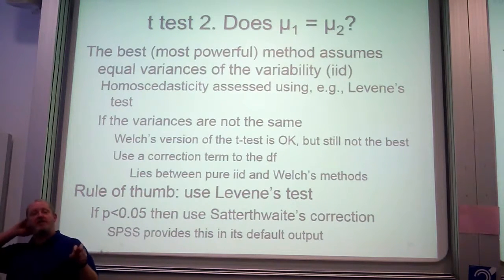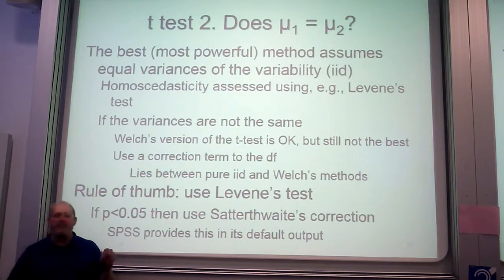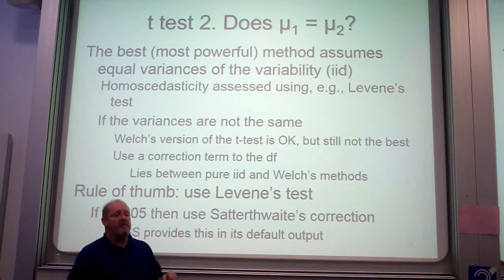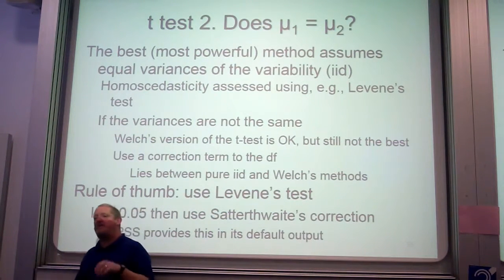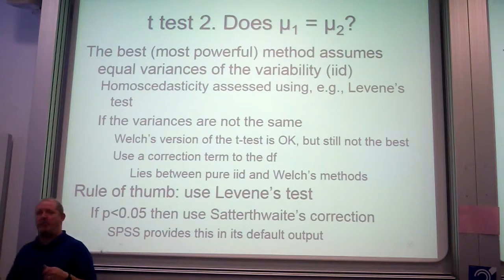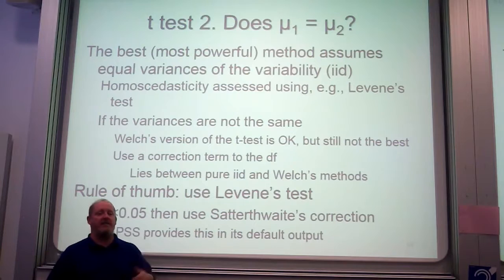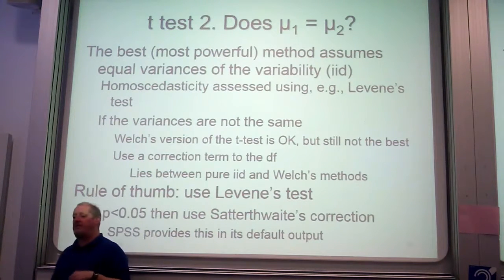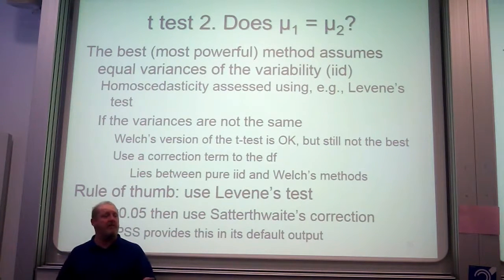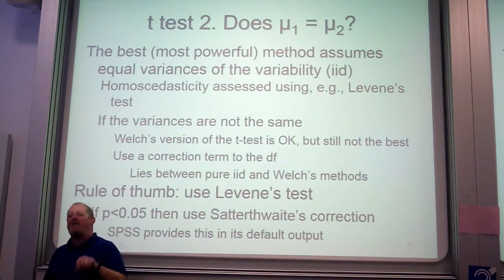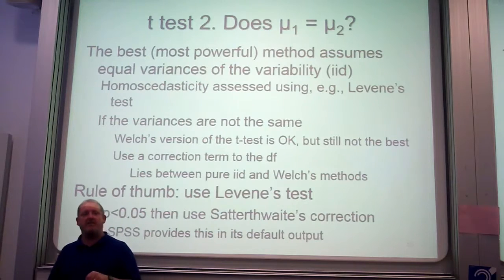So use Levene's test. If p is less than 0.05, use the Satterthwaite's correction. SPSS churns that out as a default in its output. And then you can certainly say, if Levene's test is significant, that the variances differ. And perhaps in addition to the variances differing, there might be a difference in the means.